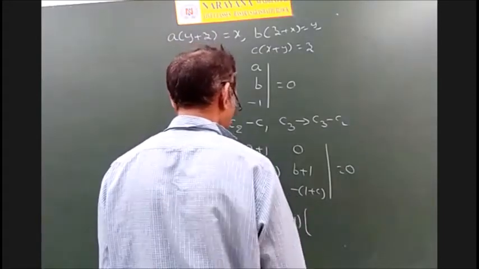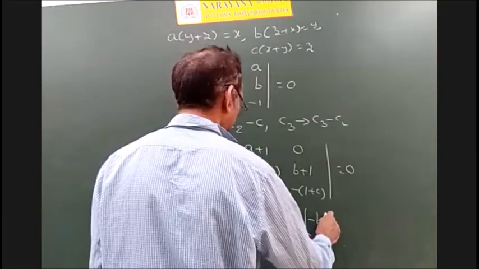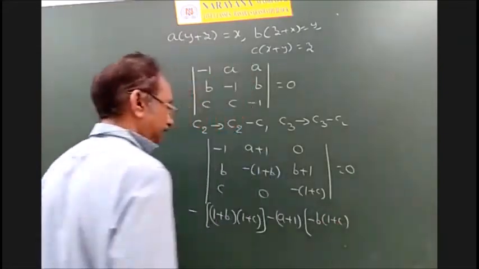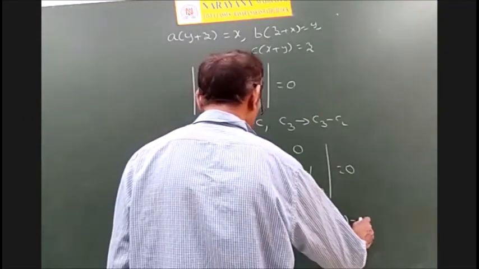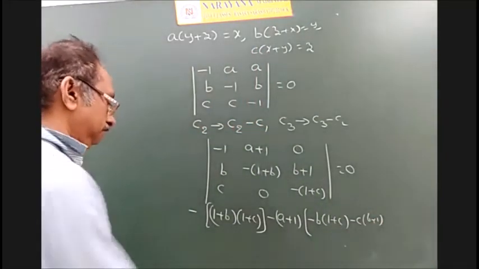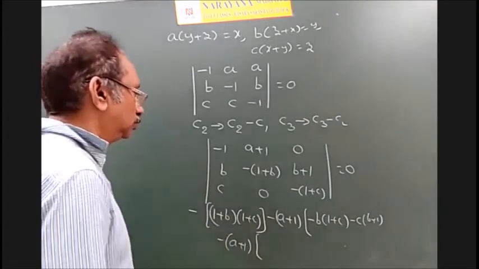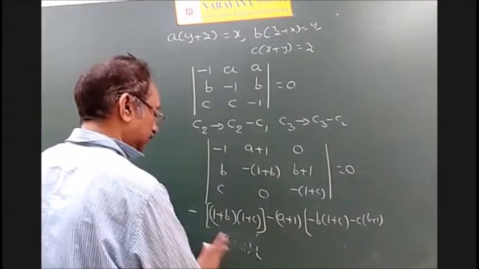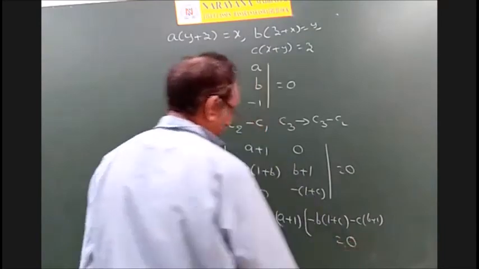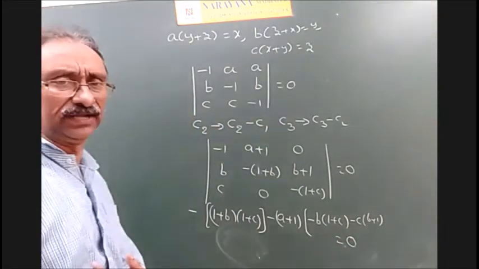So minus b into 1 plus c, minus c into b plus 1, minus of a plus 1 into, already I have written that, 0 is equal to 0 only.